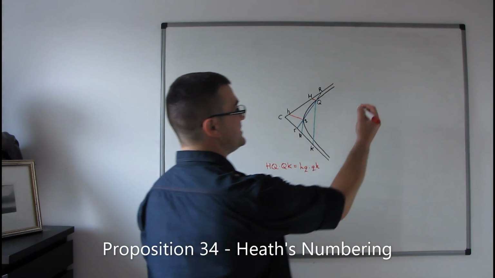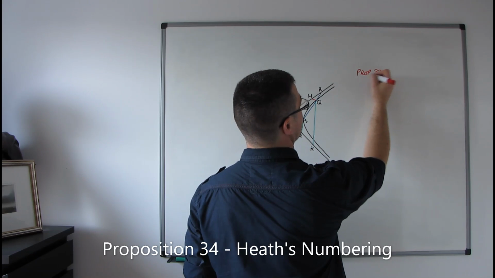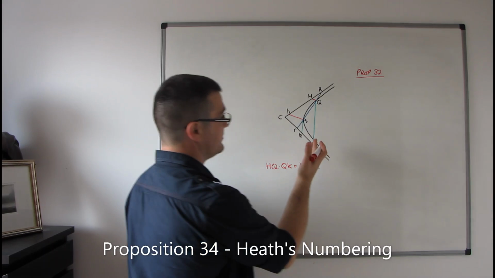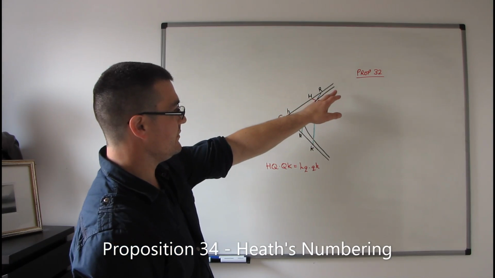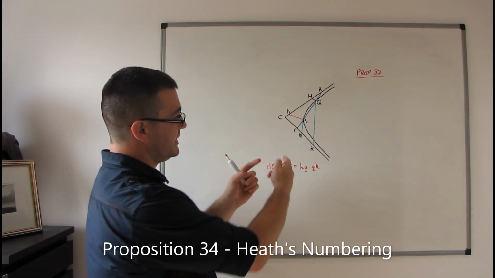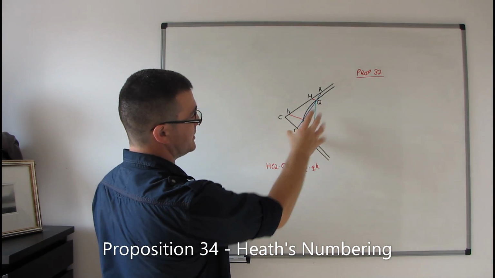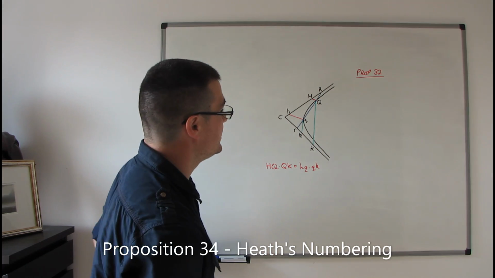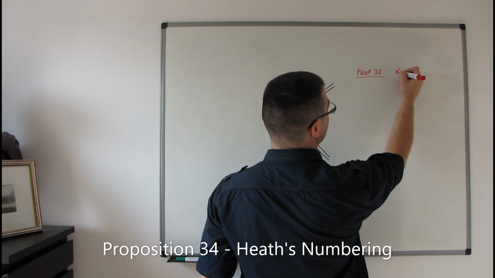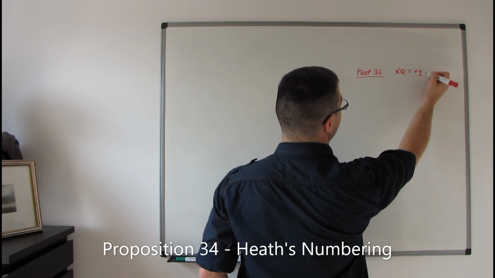So proposition 32 says simply that for a hyperbola and a chord such as this blue one here that goes through Q and meets the asymptotes at R and r, then for any such chord we'd have that RQ is equal to rq.